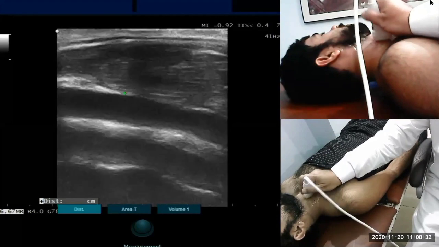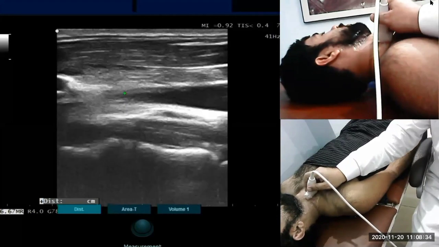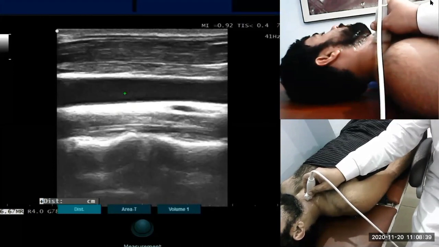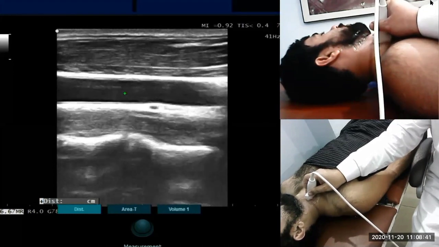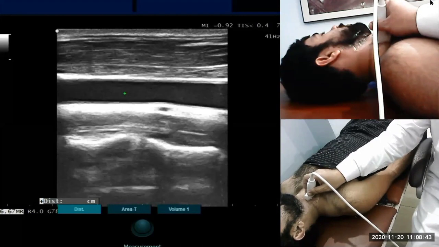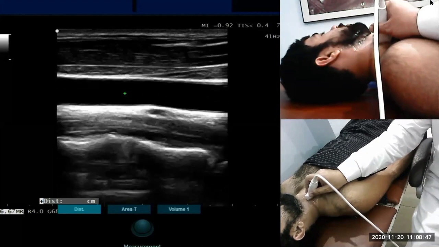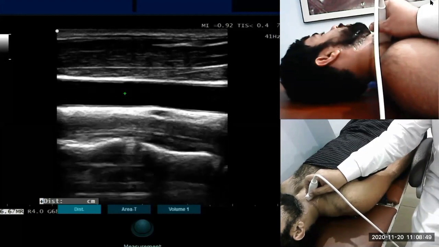Another thing which we can notice here is the common carotid artery and its intima media thickness.